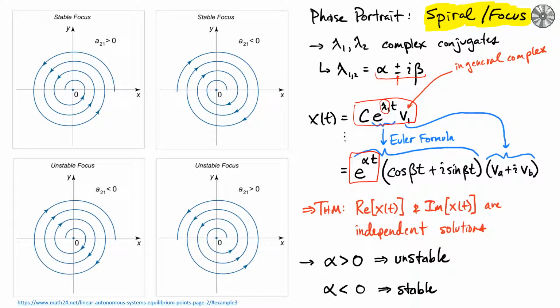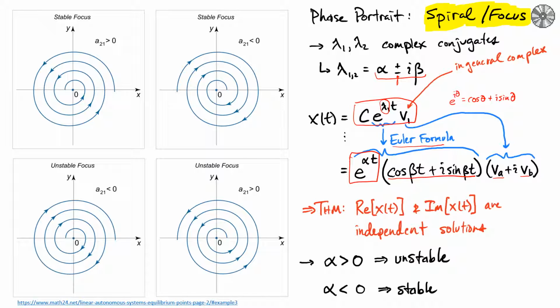And then the rest of it is going to be rewritten in terms of the Euler formula, which, remember, e to the i theta is equal to cosine theta plus i sine theta. Using Euler's formula, we can rewrite this in terms of cosines and sines. In general, the eigenvector is also going to be complex, so there's going to be a real part and an imaginary part of that vector.